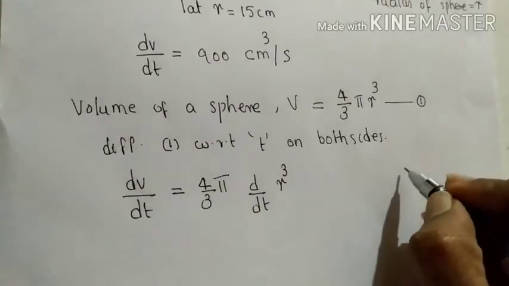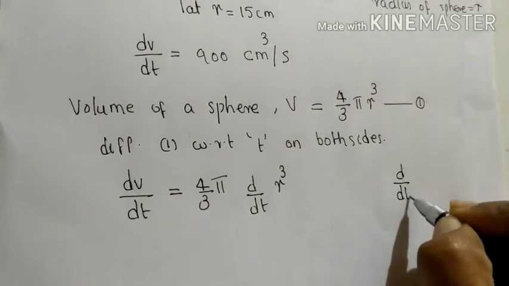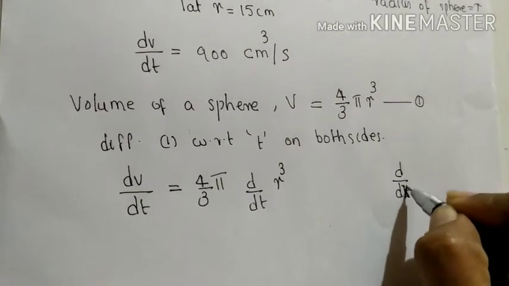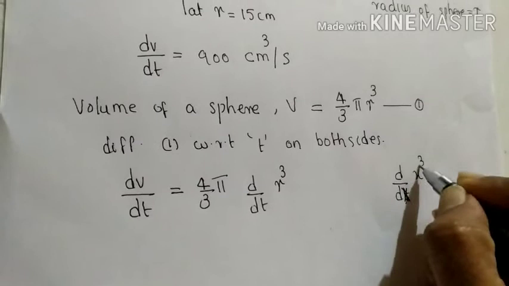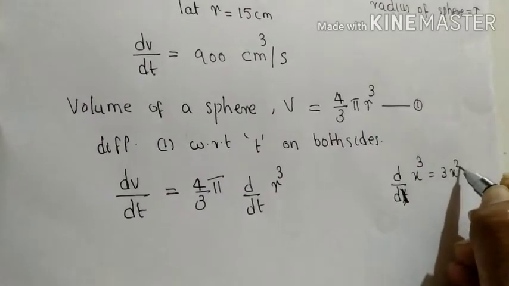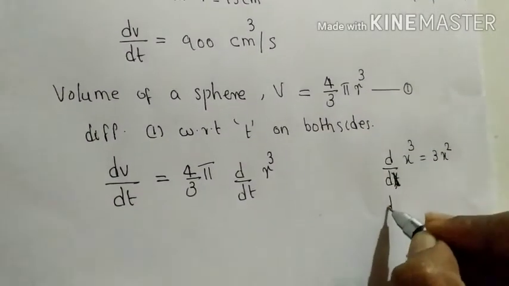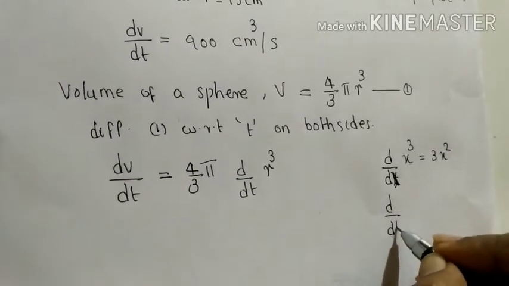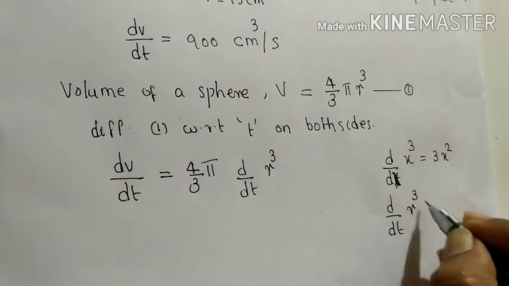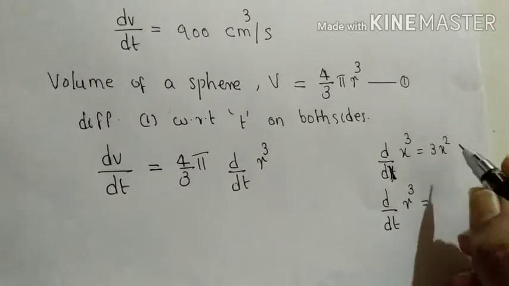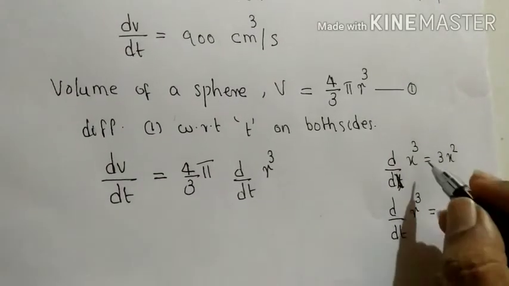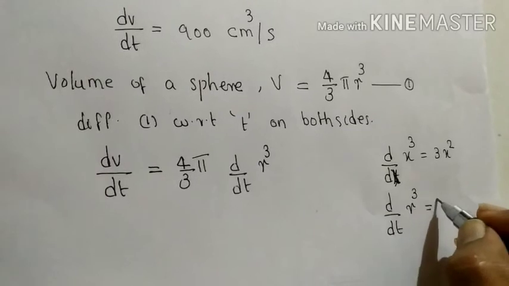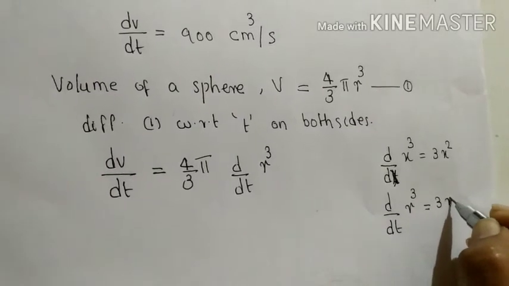We know that the standard derivative of x cube is 3x square. But here we need to find d by dt of r cube. So, replacing x by r, we get 3r square.